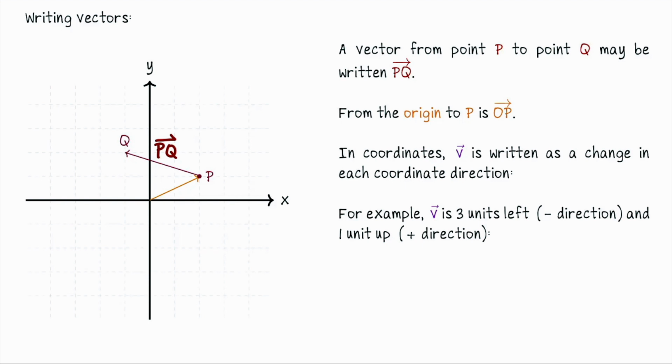We will often be interested in starting our vectors at the origin. So if I want to denote the vector that goes from the origin to point P, well, since origin starts with the letter O, we denote that OP with the vector over it.